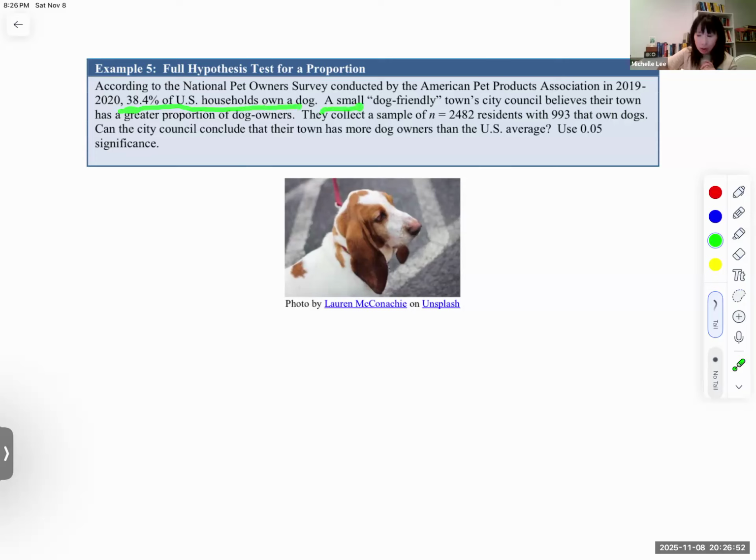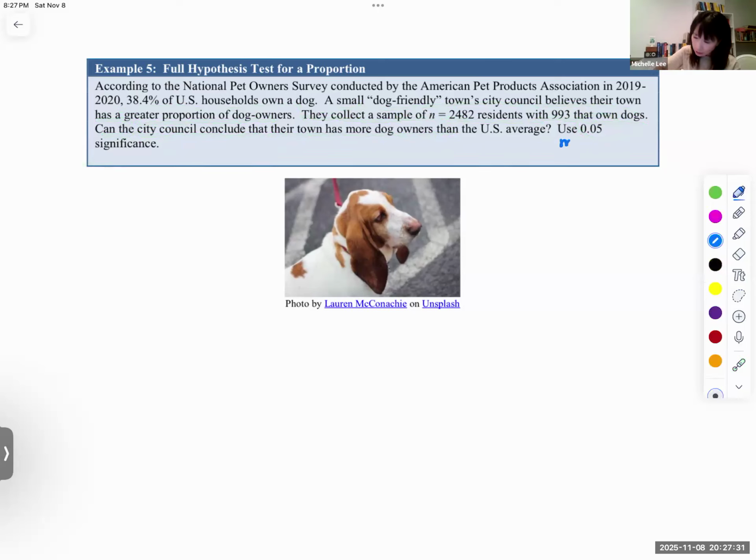A small dog-friendly town's city council believes their town has a greater proportion of dog owners. They collect a sample of n equal to 2,482 residents with 993 that own dogs. Can the city council conclude that their town has more dog owners than the US average? Use 0.05 significance level, right?